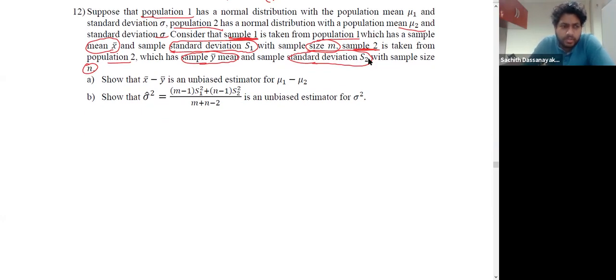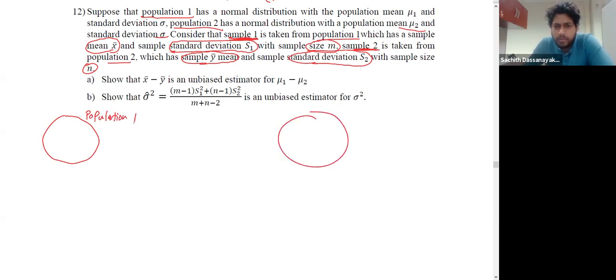This is my population 1, and this is my population 2. Mean mu1, standard deviation sigma. Mean mu2, standard deviation sigma.